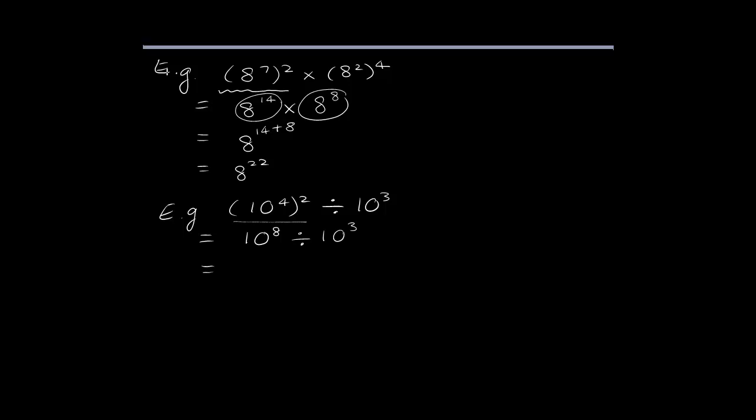I can think of this as 10 to the power of 8 divided by 10 cubed. Now I'm dividing two powers, which is index law 2. Check the bases are the same. Yes, they're both 10. So we end up subtracting, don't we? So this will be 10 to the power of 8 minus 3, or 10 to the power of 5.